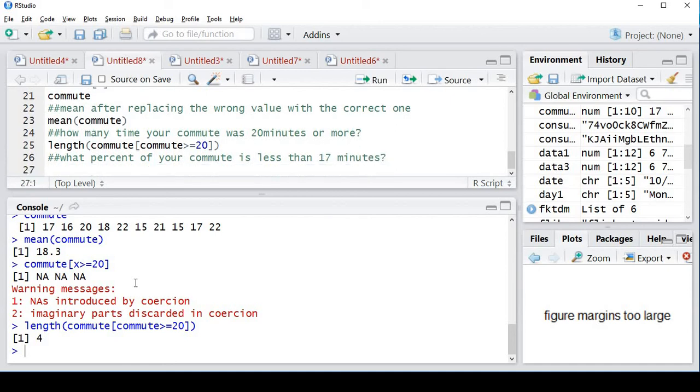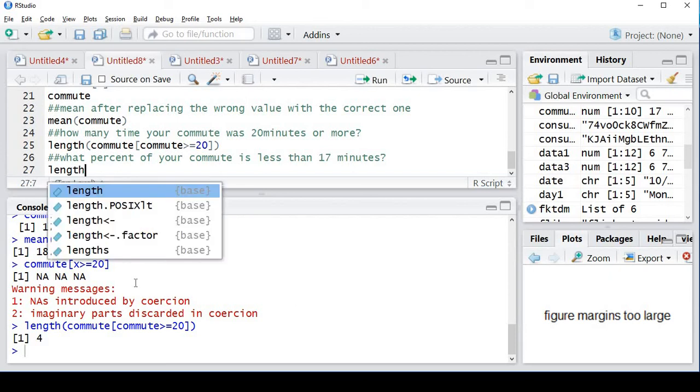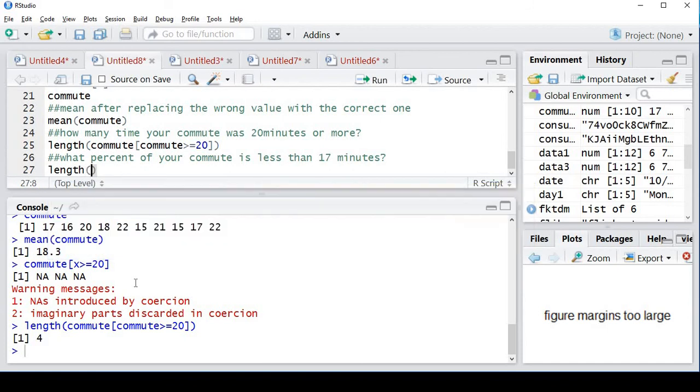Now it's quite simple. You have to just use a bit of mathematics. Just see what I'm doing: length of commute, where the commute time is less than 17 minutes. Now this will give you the number of times your commute was less than 17.